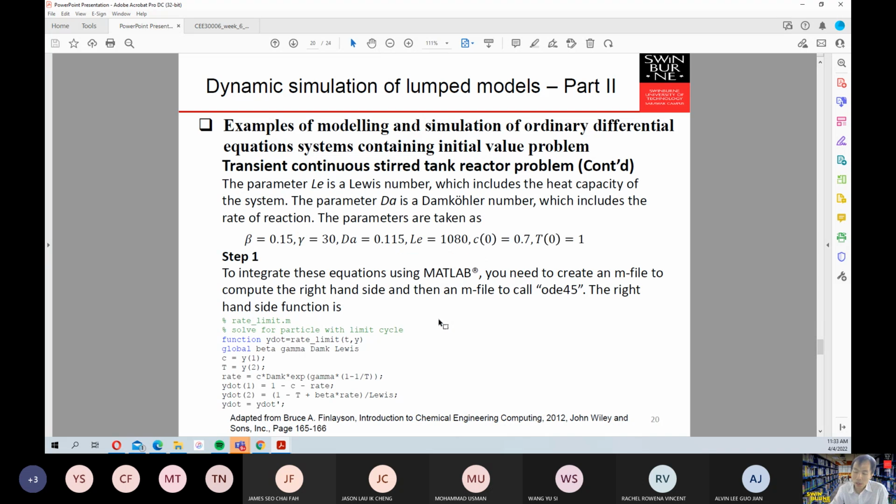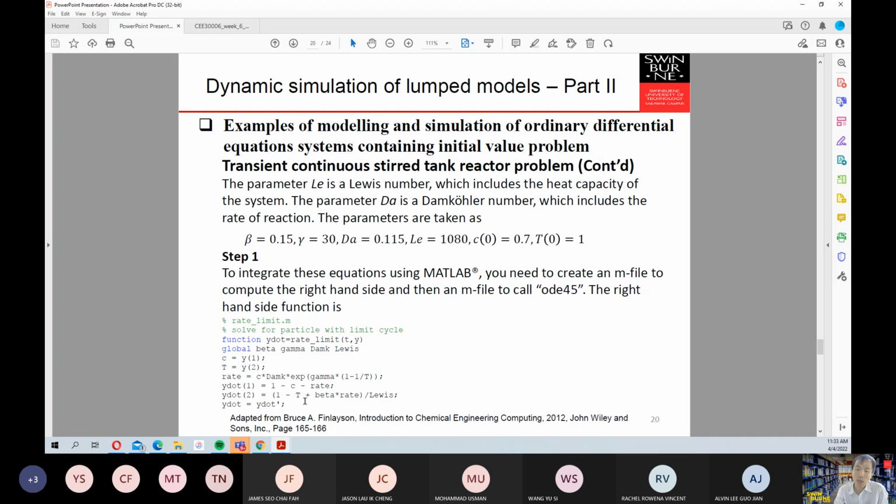For the sake of argument, we give these parameters: beta equals 0.15, gamma 30, Damköhler 0.115, Lewis 1080. The initial dimensionless concentration at time t equals 0 is 0.7. The initial dimensionless temperature at time t equals 0 is 1.